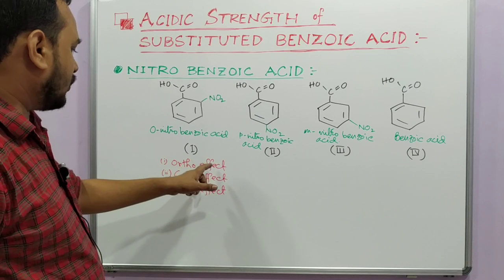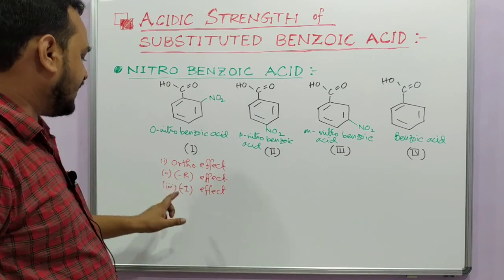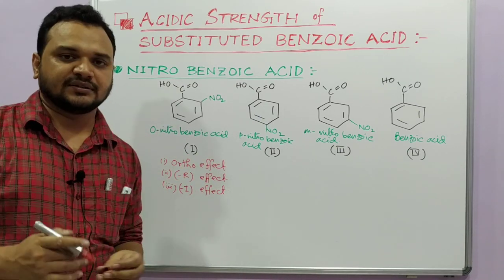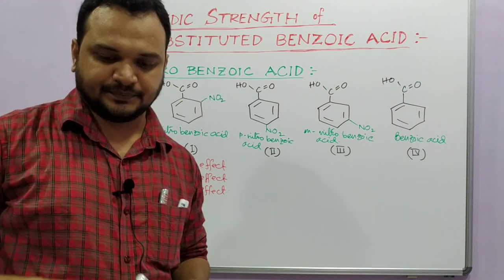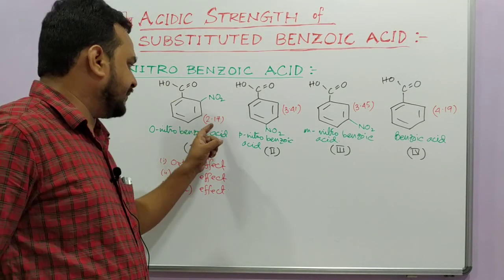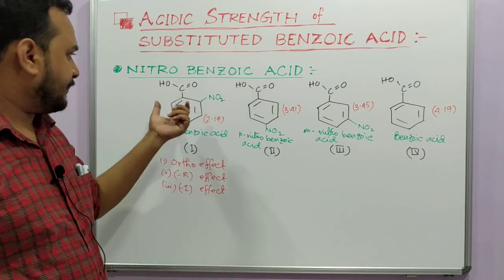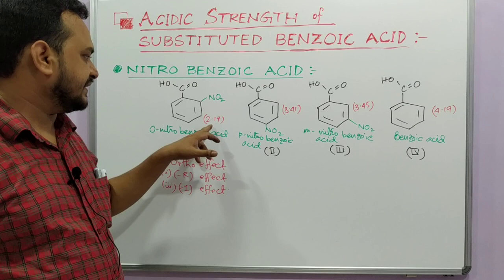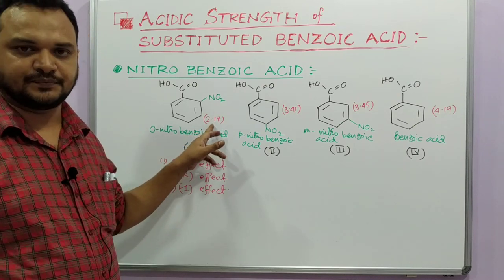So other than the ortho effect, minus R and minus I effects make it the most acidic. This is also supported by the pKa value. If you see the pKa value of ortho-nitrobenzoic acid, it is only 2.17.